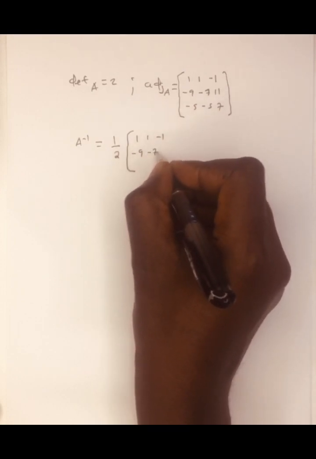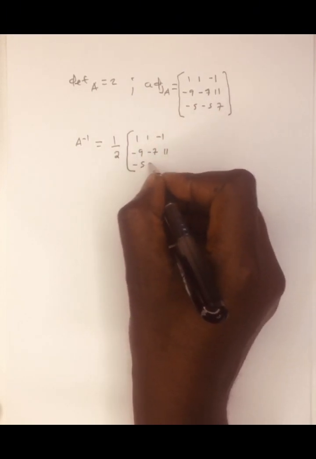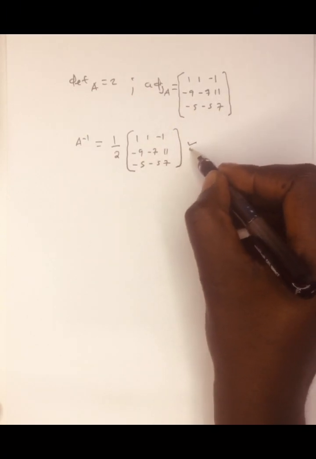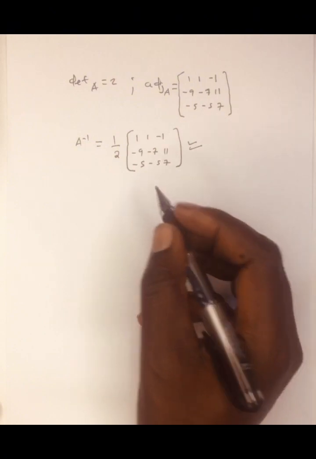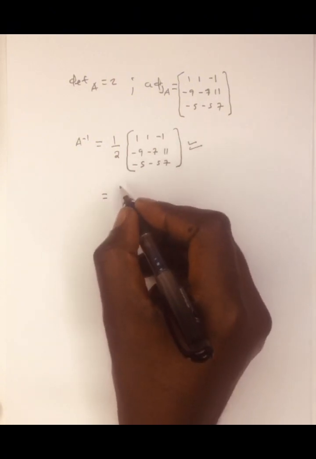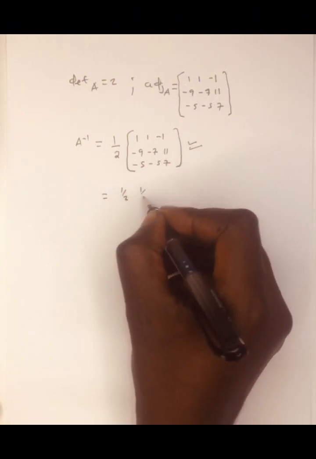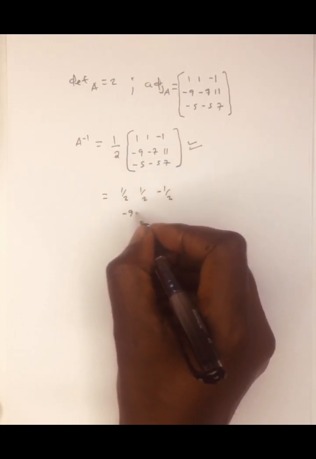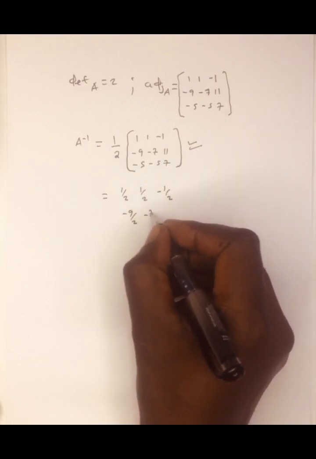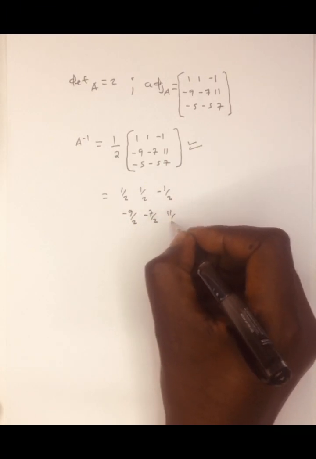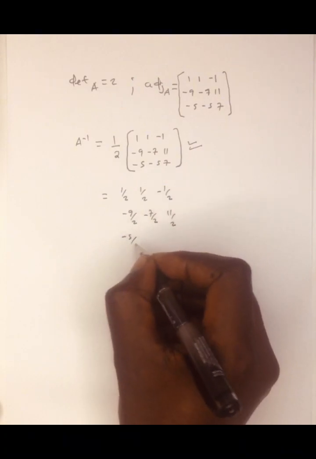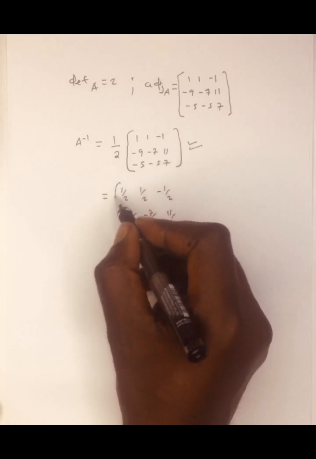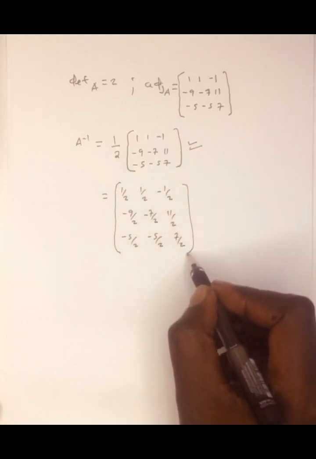So if you like, you can leave it at that, or you can open it up. If you open it up, it will be 1 over 2, 1 over 2, negative 1 over 2, negative 9 over 2, negative 7 over 2, 11 over 2, negative 5 over 2, negative 5 over 2, 7 over 2 as the inverse of the matrix A.